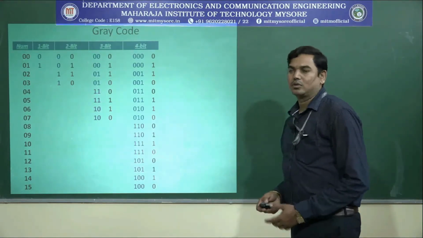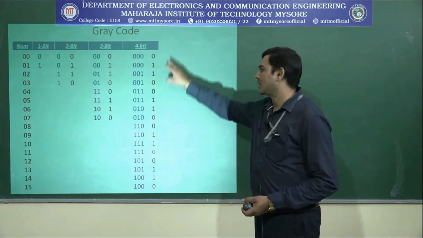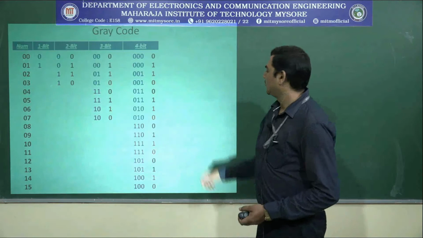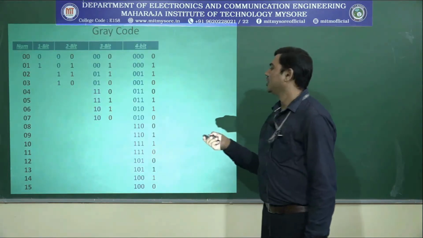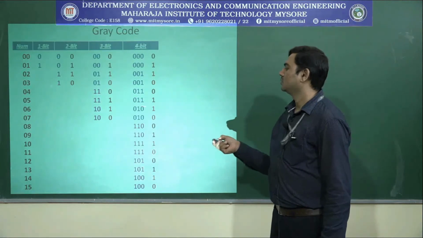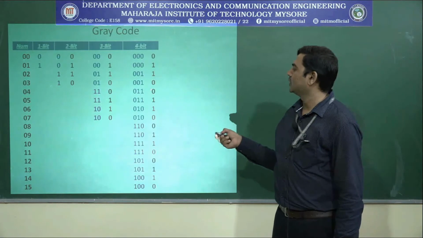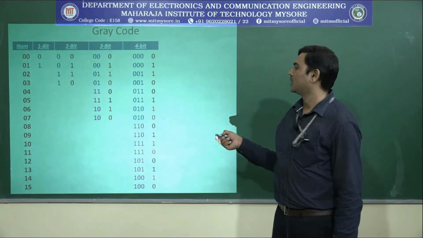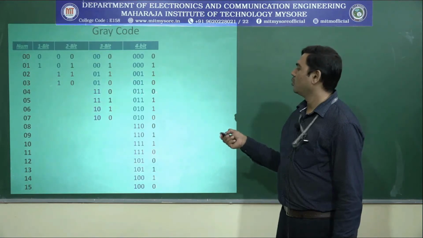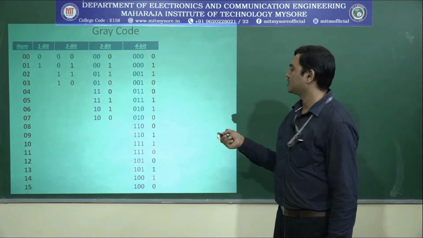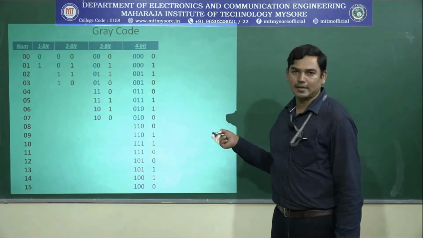What is Gray code? You choose any number in this pattern. Let me choose this number, 0 1 1. Try to compare this with the previous number representation. Only one bit has changed if you compare this with its previous representation.